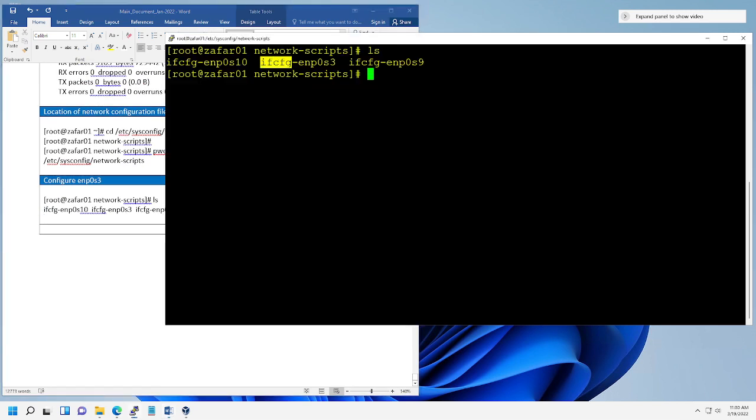The way the Linux operating system writes it is ifcfg. IFCFG stands for IP configuration for this adapter here. So let's go into this file and take a look at what is going on in there.